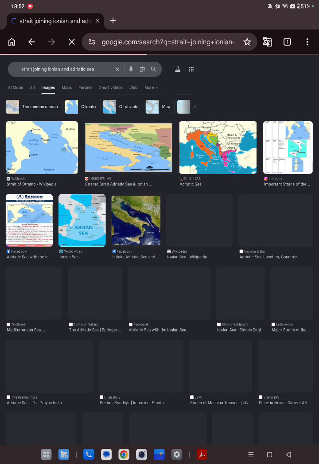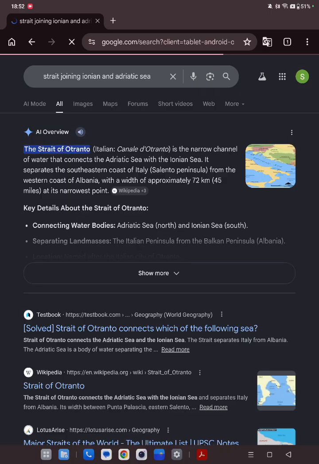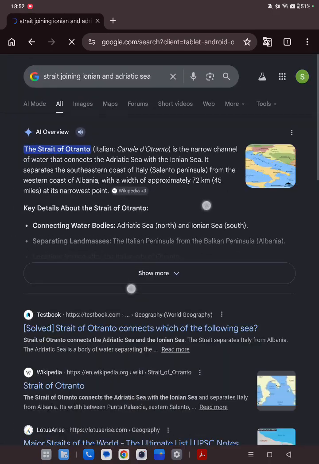Click all. Yeah, the Strait of Otranto. The Strait of Otranto connects the Adriatic Sea with the Ionian Sea. So these were all the details we could learn about Iran and Greece.